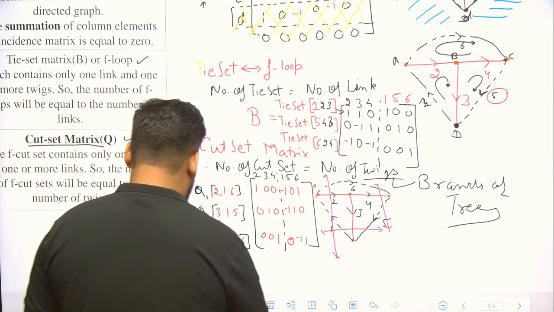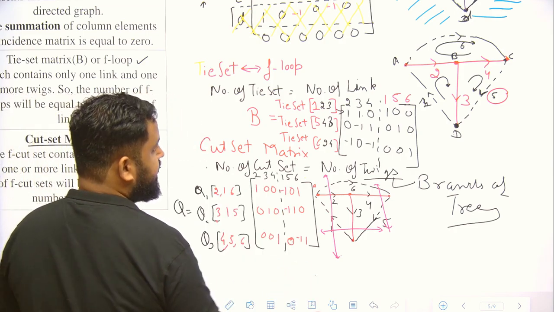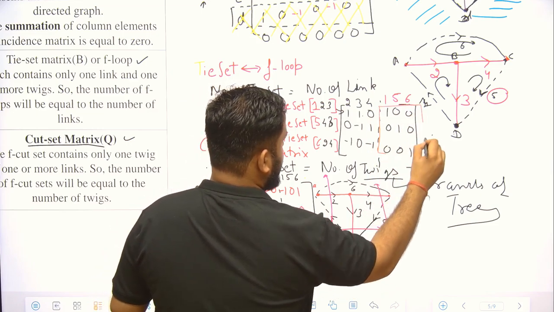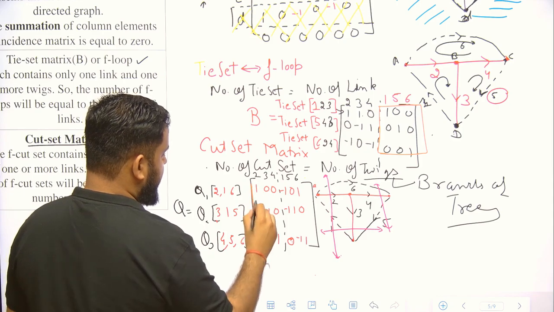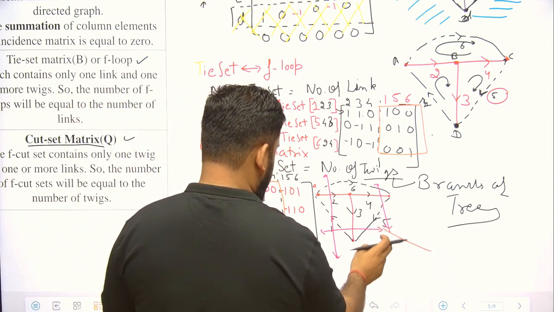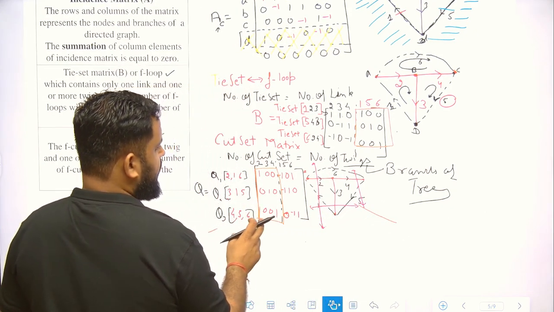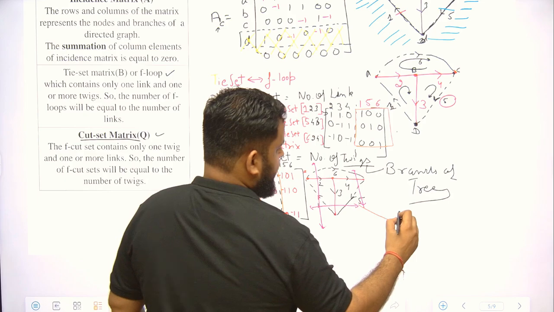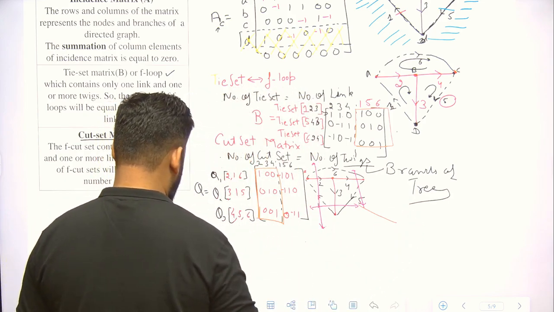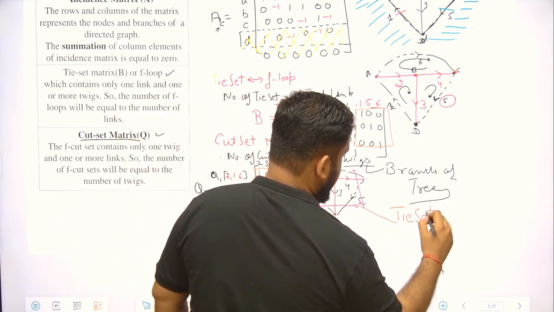Now, if you see it carefully, this part of the matrix and this part of the matrix, this is an important thing.